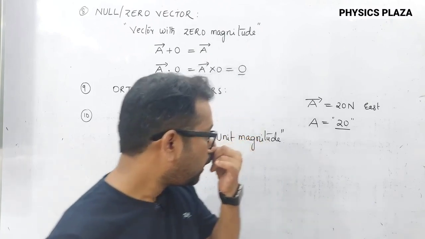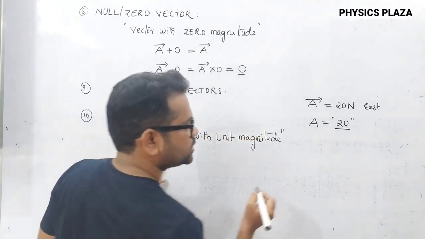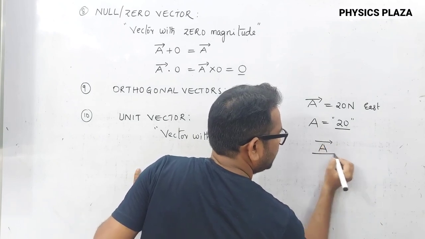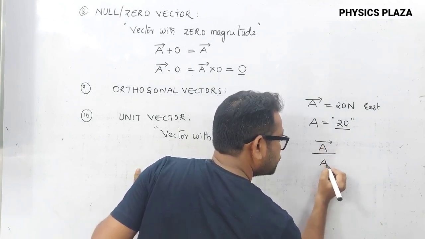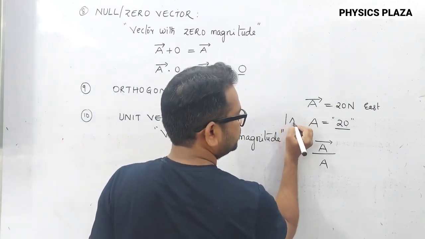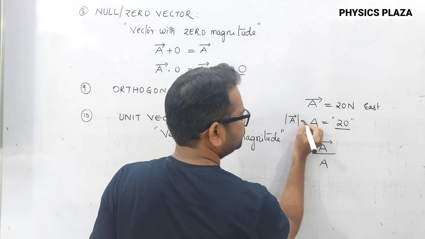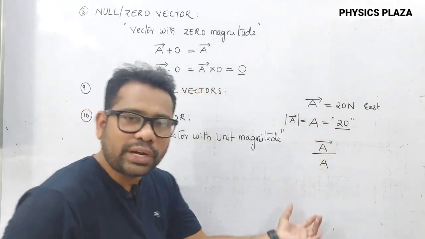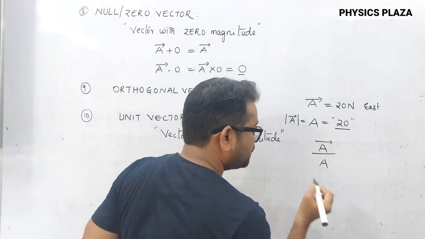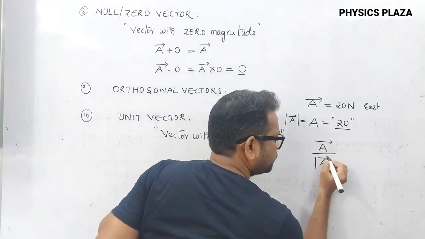Now, children, try to understand. Here is a vector and I am dividing it with its own magnitude. You can write the magnitude in mod, or even if you simply write it, it is understood that it is a magnitude.